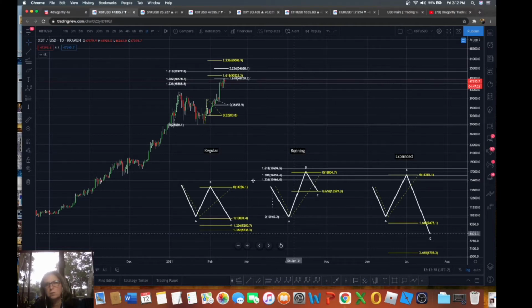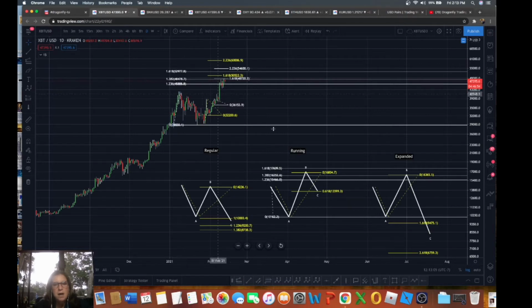and talk about this current wave we're in here. And last video, we talked about the expanded B pocket. So the expanded B pocket is basically a B wave that surpasses the start of the A wave.